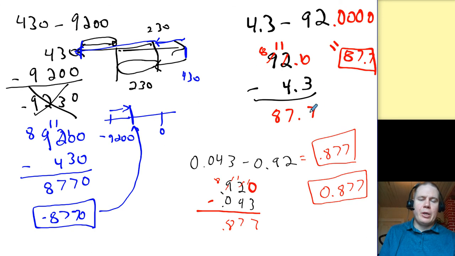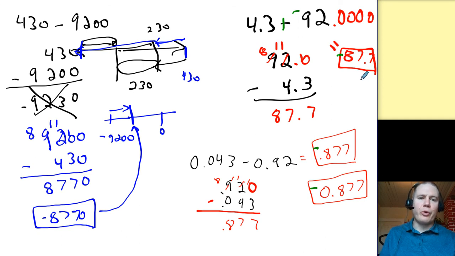I've made one key mistake here that I'm just noticing. Hopefully you noticed it earlier. 4.3 minus 92 is not 87.7. Right? We talked about putting that 92 up top, but we have to recognize that's the negative value. It's negative here. Negative. So don't make that mistake.